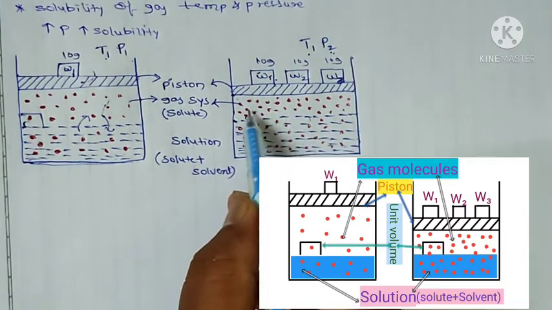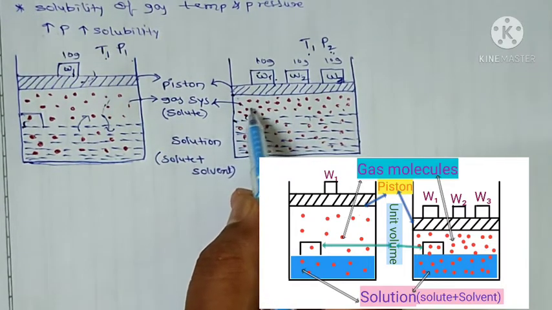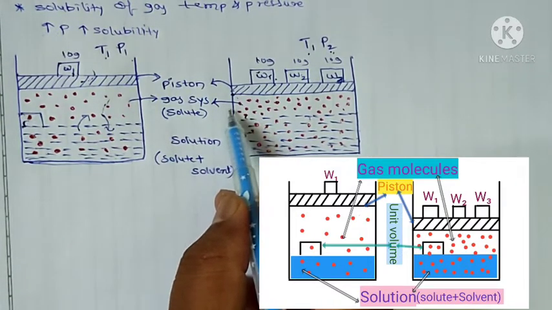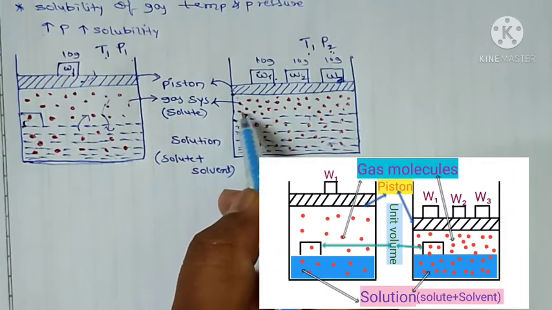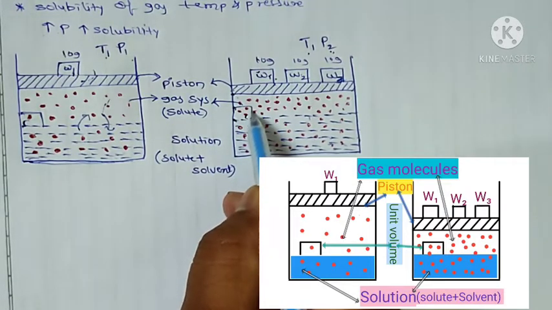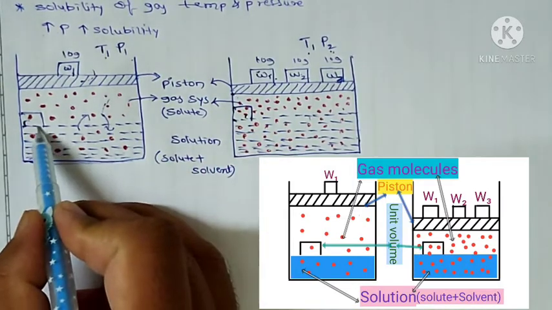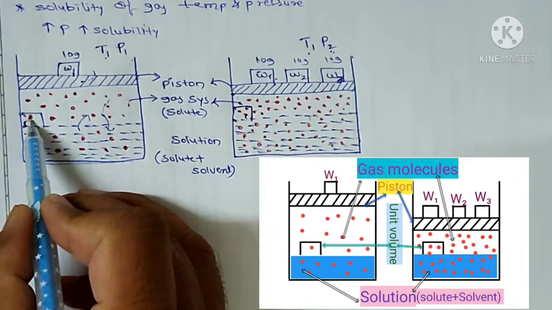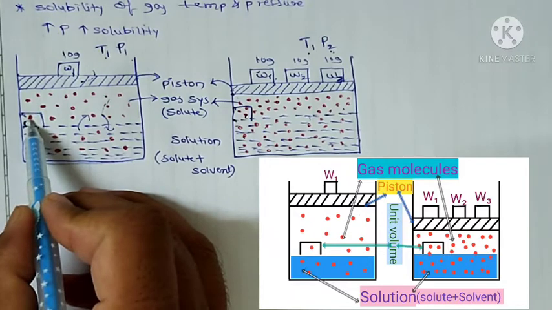So the distance between the gas molecules decreases. If you observe that unit volume, in the first stage in a unit volume we have only one gas particle or one gas molecule.